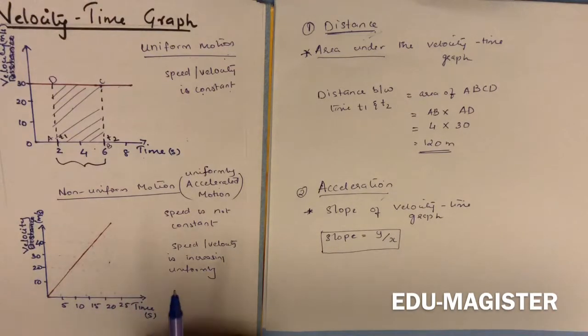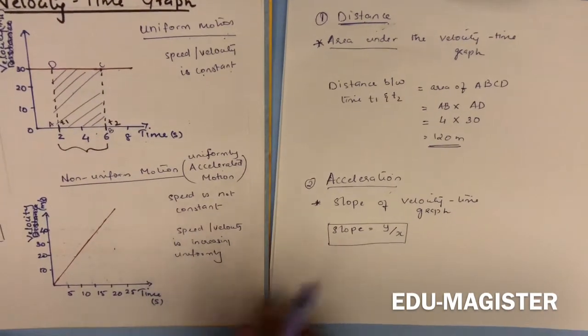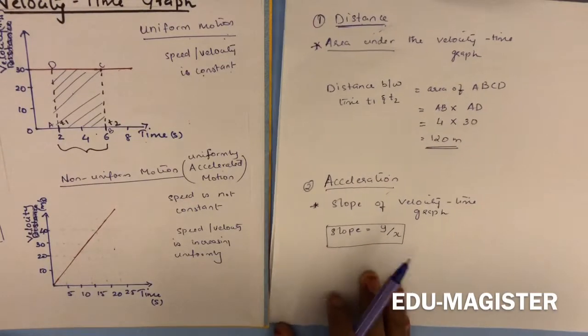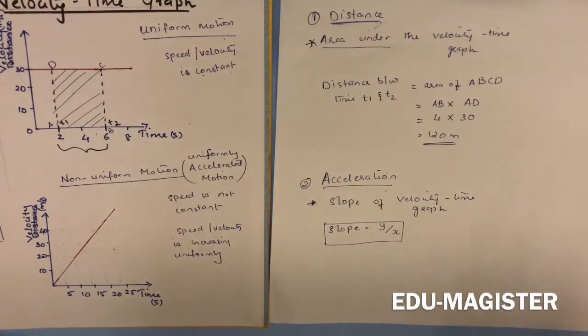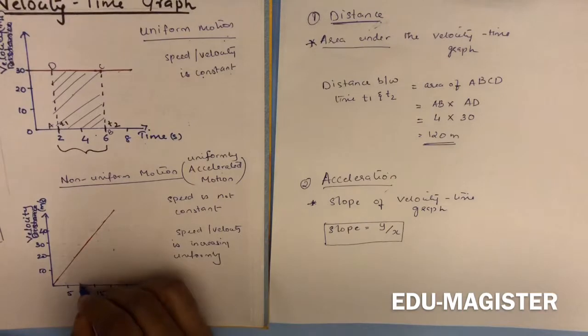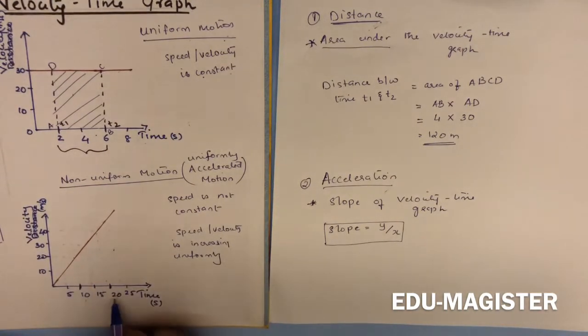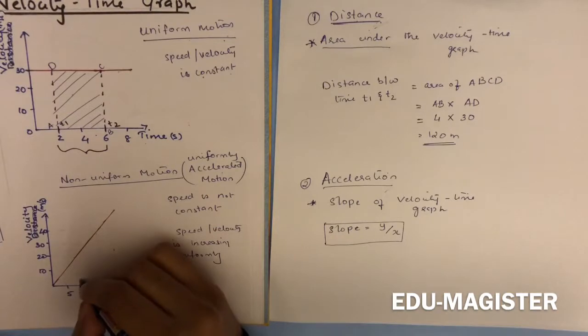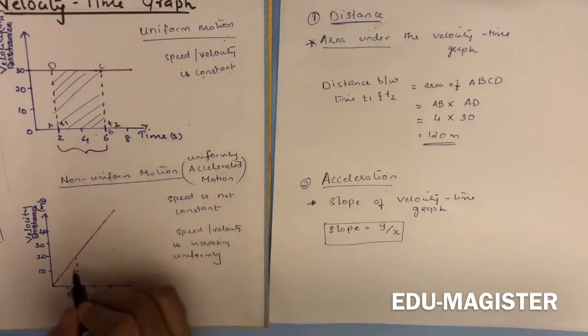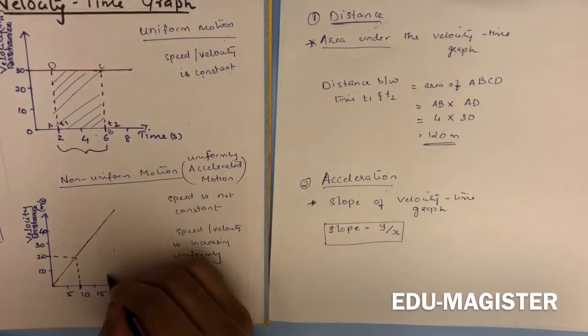So let's take this example for calculating acceleration. Now in order to find acceleration, what you need to do is find the slope. So let's take any time interval. I'm considering this time between 10 and 20. I'll draw perpendiculars like this and find the corresponding velocities.